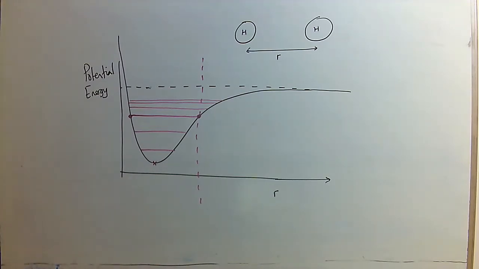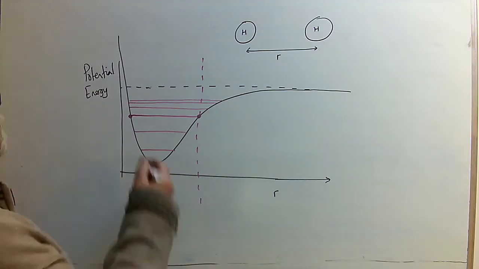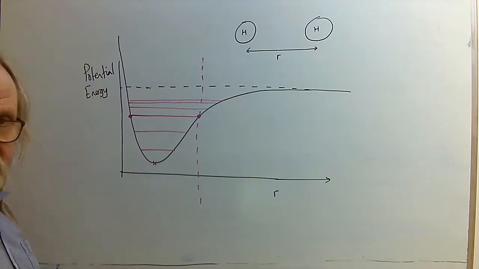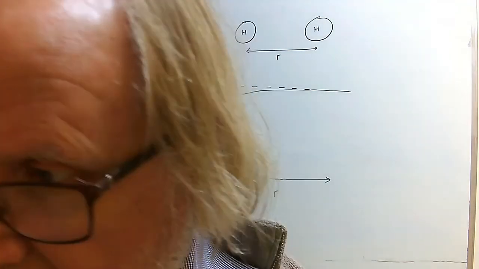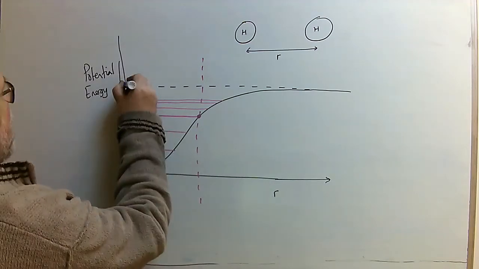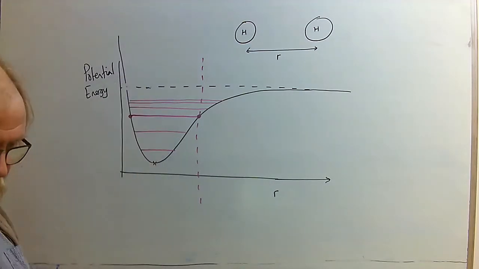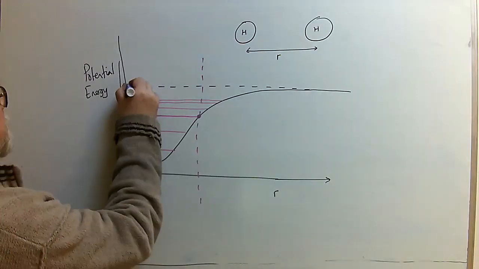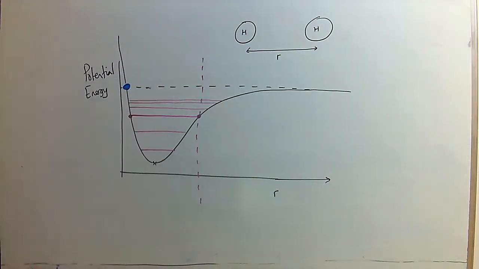So now, next thing to think about is what's going to happen if we start at a different point. So if we start here, so again, just by analogy with what we were just talking about, how's that system going to evolve in time? Okay, so have a think about that one for a moment.